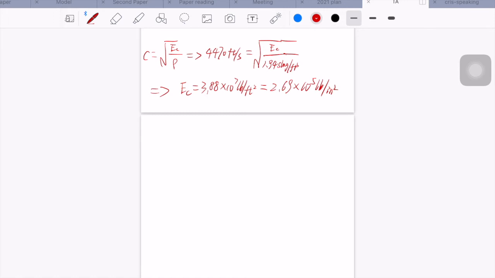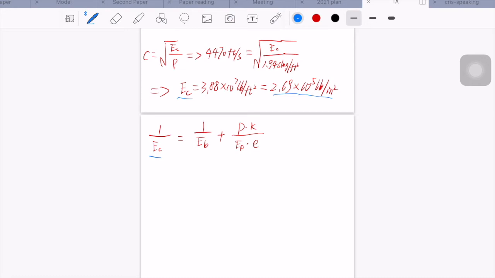And now we can determine the pipe thickness using the following equation. 1 over EC equals 1 over EB plus D times K divided by EP times E. For the EC, we have already determined it, and from the previous problem, we know the EB equals 2.2 times 10 to the power of 9 Newton per square meter can be used.